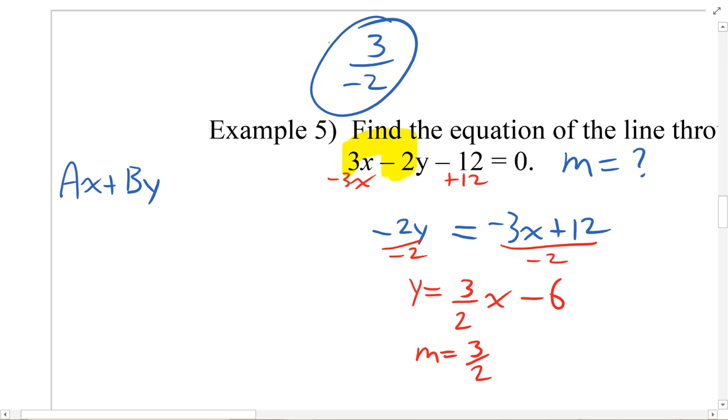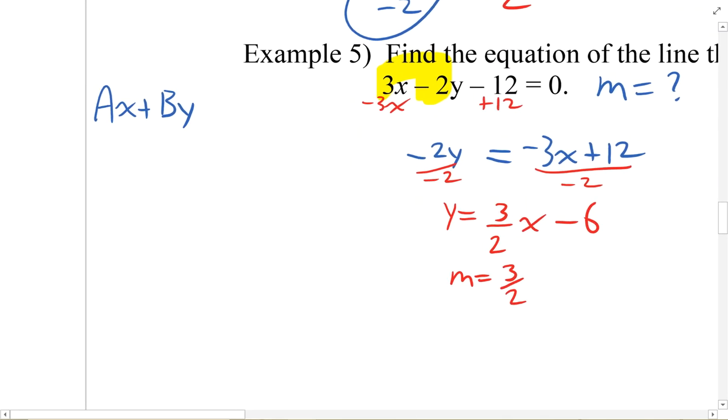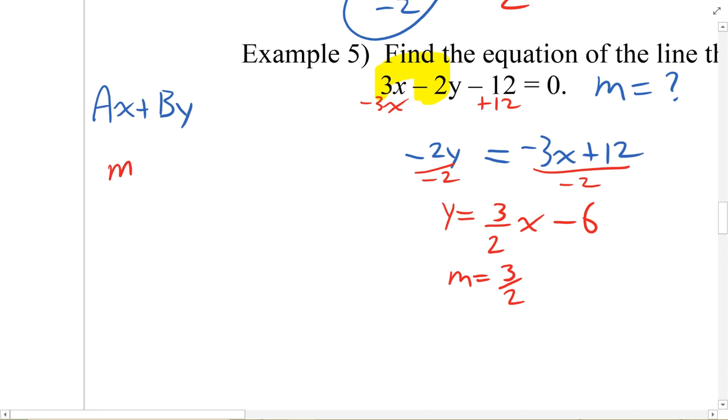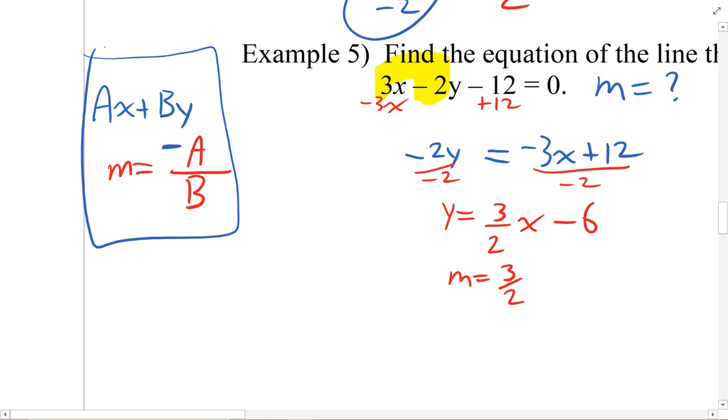What would we have to do to make that our slope? Add another negative sign, because that would make it positive 3 over 2. So our slope actually equals A divided by B, but add a negative sign. This here will be the shortcut for experts.